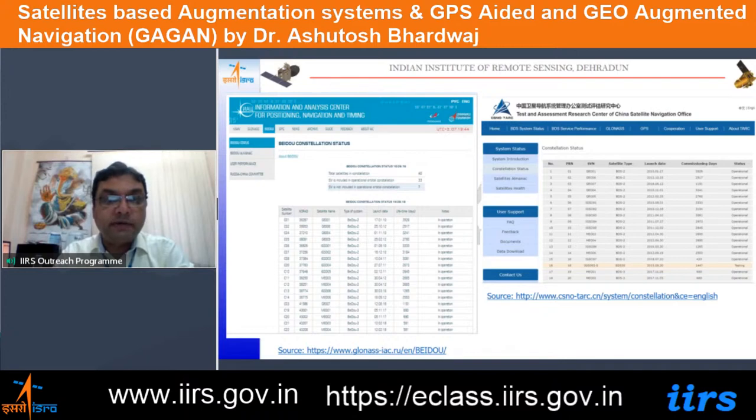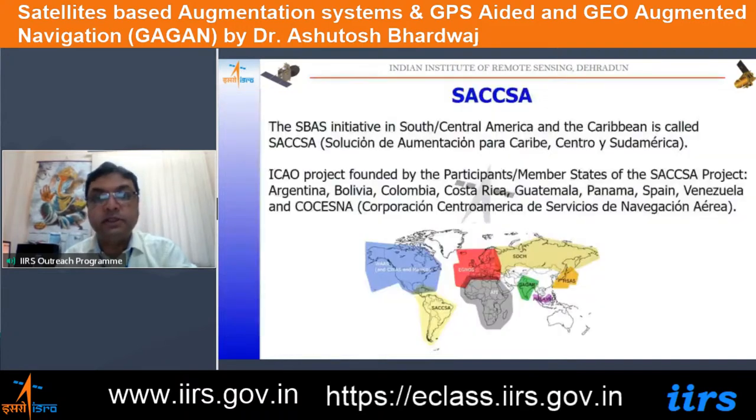So from one government website, you can go to another government website where they are taking care of BeiDou and GLONASS. Basically the European agency and the Chinese agencies also have their links for various inter-constellation details, so that kind of information is also being shared.